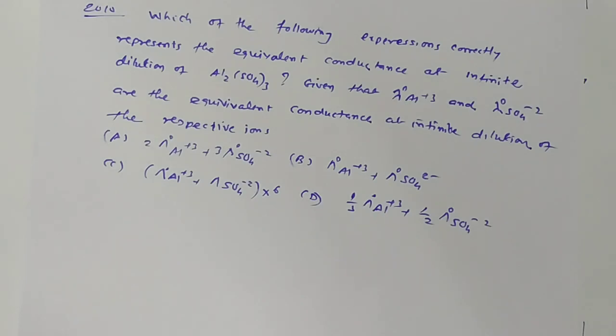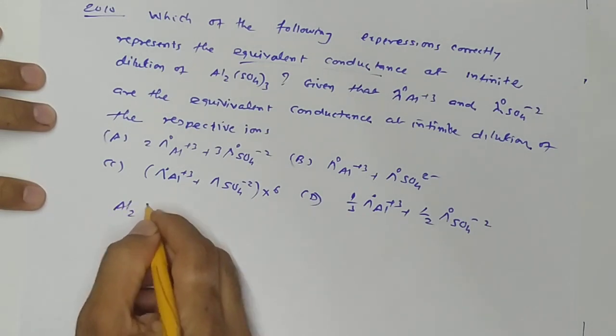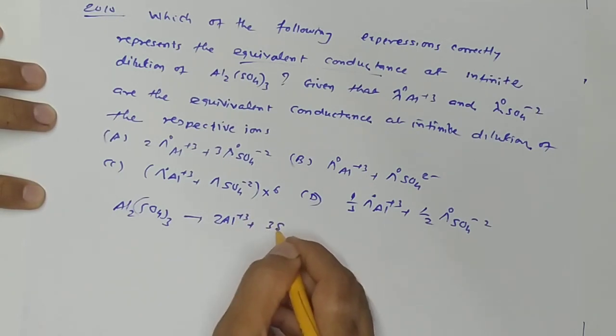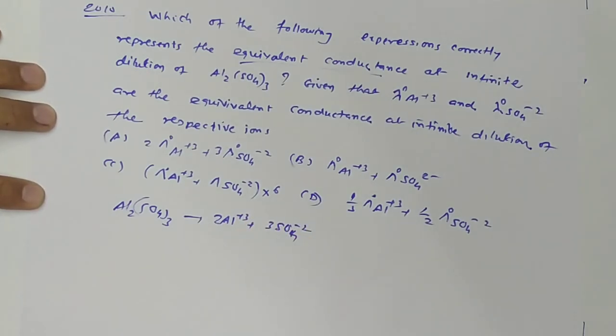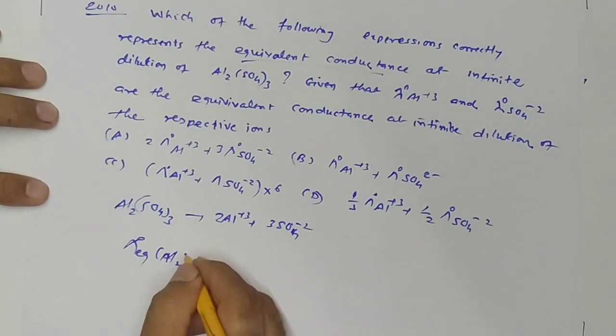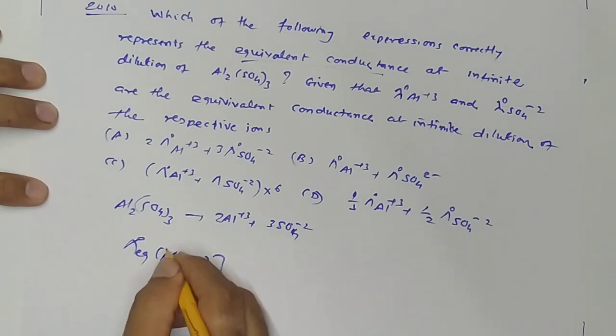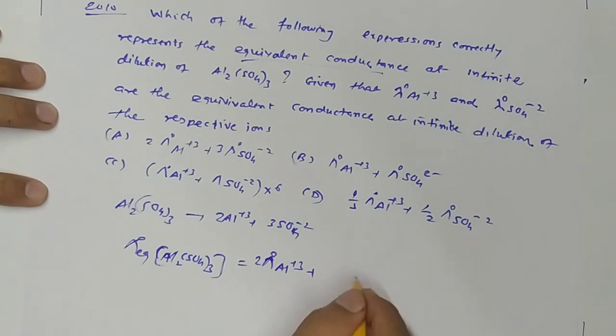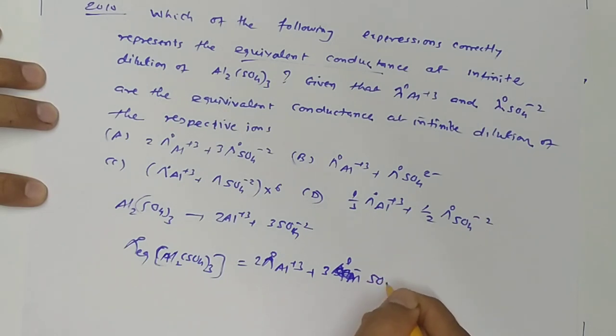Yes, we have to define equivalent conductance at infinite dilution. Actually, aluminium sulfate has 2 aluminium and 3 sulfate. So the infinite dilution equivalent conductivity for aluminium sulfate is 2 times the molar conductivity of aluminium and 3 times the molar conductivity of sulfate, divided by 6.